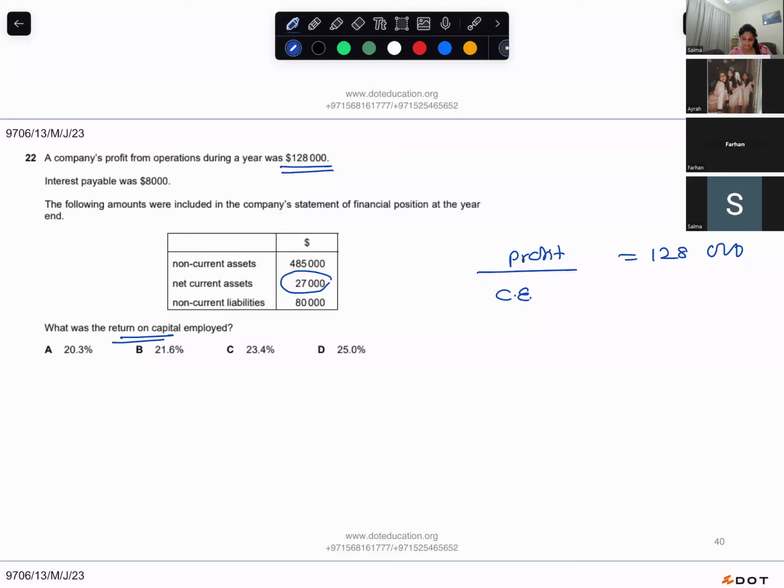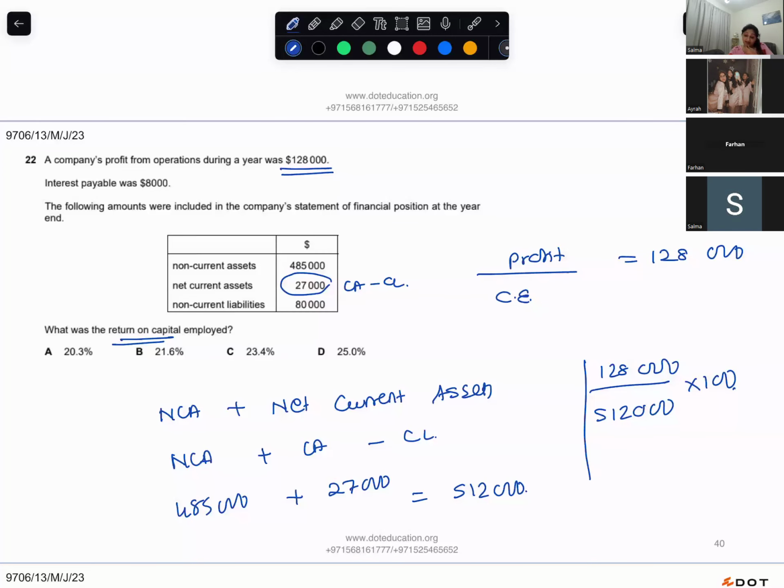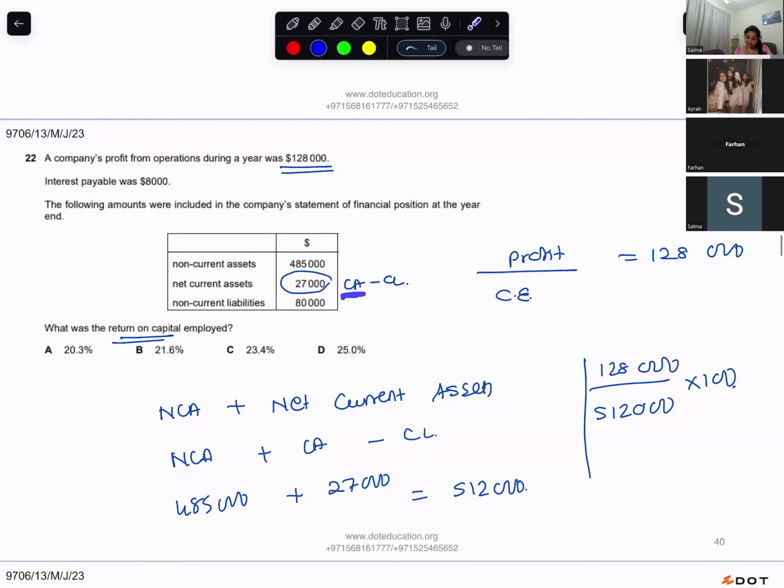Net current assets means current assets minus current liabilities. Return on capital employed is profit over capital employed into 100.